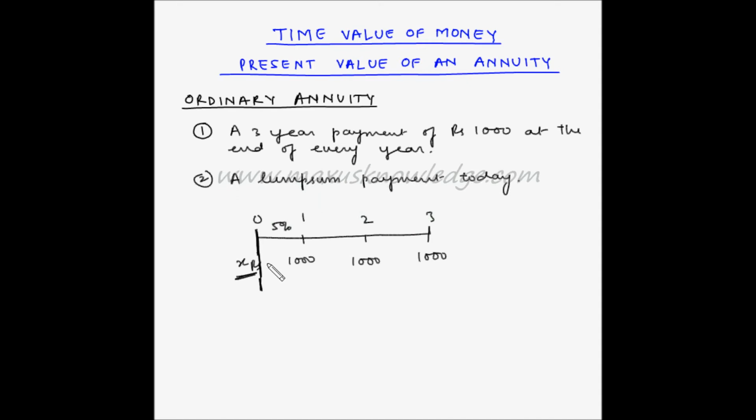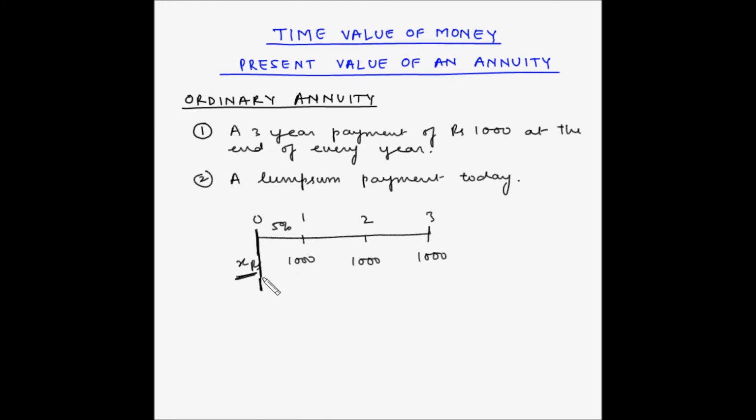Now, in other words, the present value of an annuity is the single lump sum payment today that would be equivalent to the annuity payments spread over the annuity period.